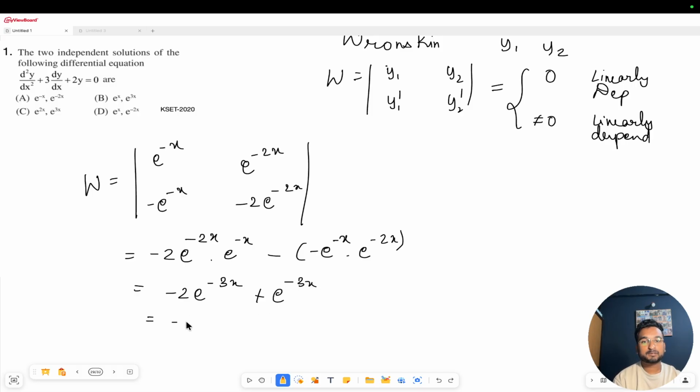So you will get minus e to the power minus 3x. It is not equal to 0. So these two solutions are linearly independent. It is dependent when it equals 0; not equal to 0 means the solutions are independent. So the two independent solutions of the differential equation are these. This is a small solution you can do. You can see that for the others it will come out to be 0 only.